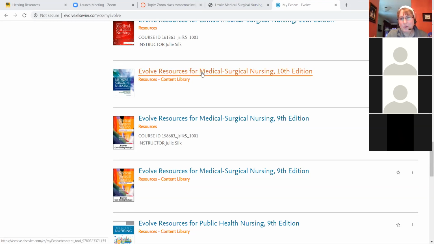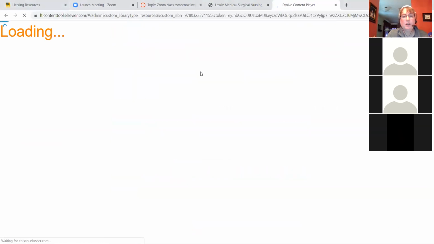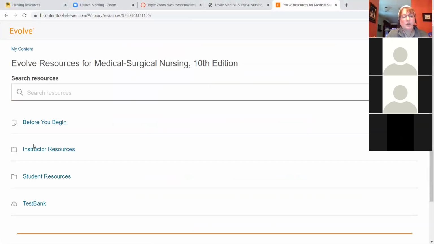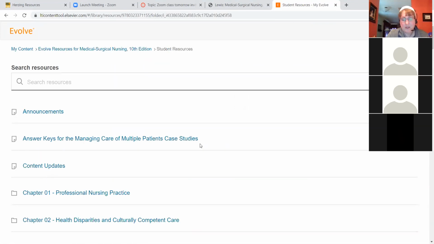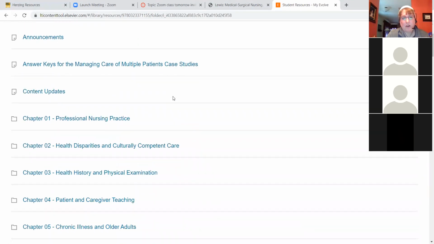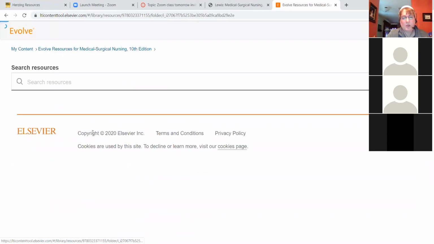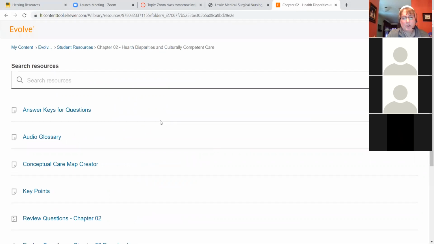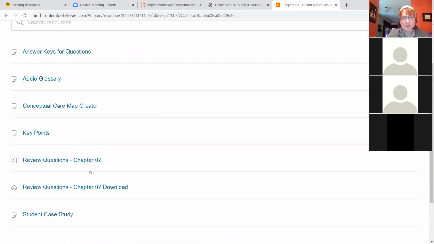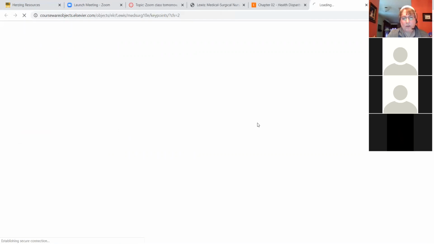So, if you just have an ebook, you may not be able to do this, but when you get in here to this book, you see how it says instructor resources, student resources. There's all kinds of stuff in here. Every chapter, like say we're doing this chapter 2, has certain things, so there's review questions and, look at this, key points.